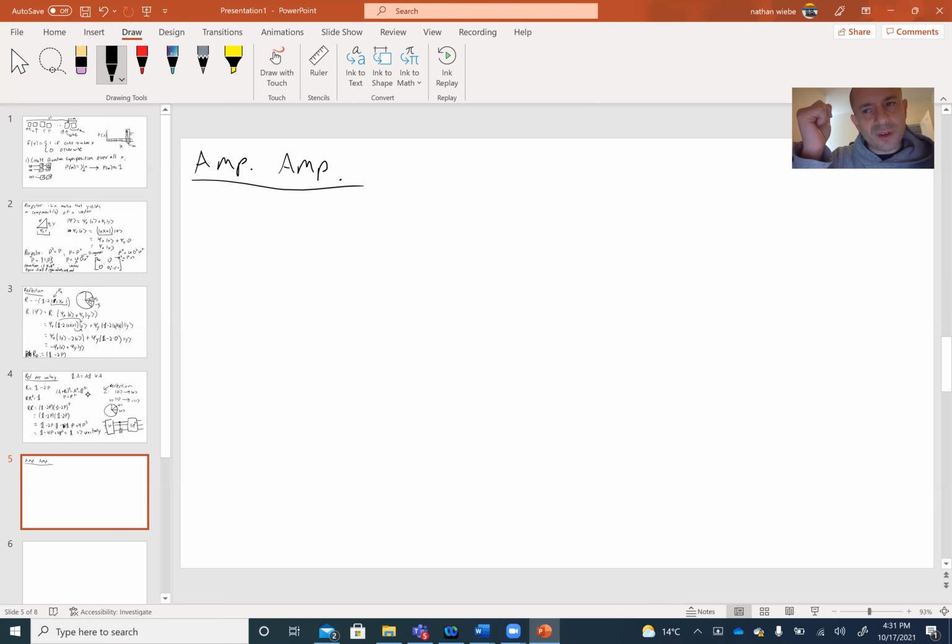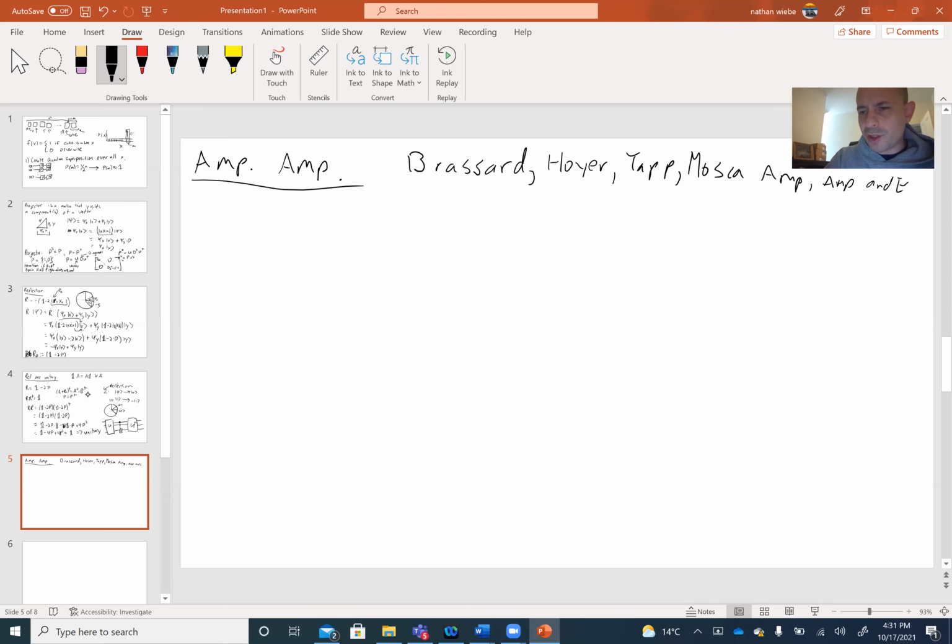It can be reasoned out by looking at their discussion of Grover's search, but one thing I would recommend taking a look at if you want more details is a paper by Brassard, Hoyer, Tapp, and Mosca from that year, called, I think, Amplitude Amplification and Estimation.